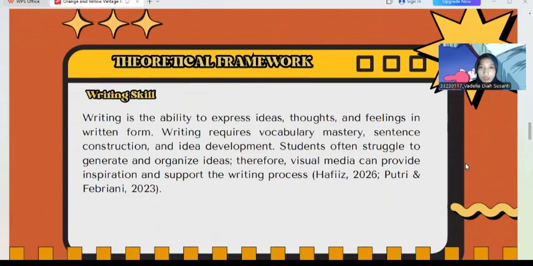Many students find writing difficult because they do not know what to write. In this case, pictures become very helpful because they provide visual inspiration and make it easier for students to develop ideas into simple English sentences.